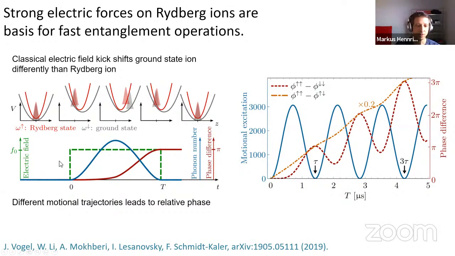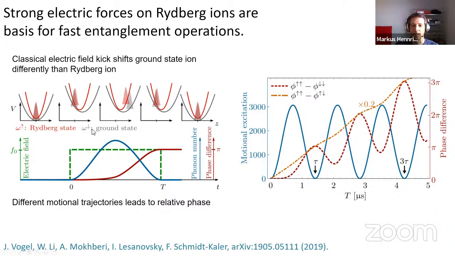So what you would do is give a classical electric field kick on the ions, and depending on whether it's in a ground state or a Rydberg state, the ion wave packet will have a different trapping potential. And depending on where it is, it will get a different force and different kick and different oscillation frequency.